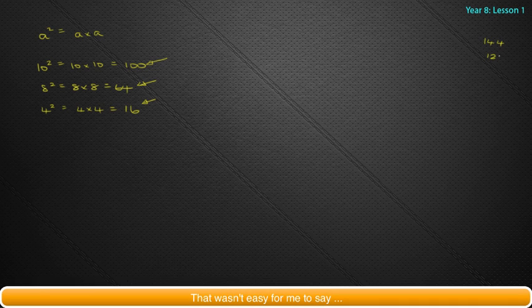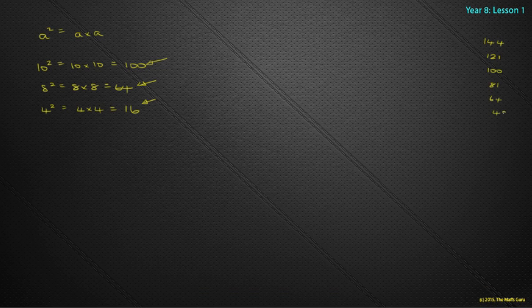144, 121, 100, 81, 64, 49, 36, 25, 16, 9, 4, and 1. And in fact, for those who are stiflingly intelligent, you may also remember 169, 196, and 225.